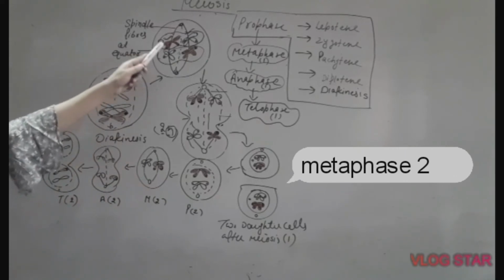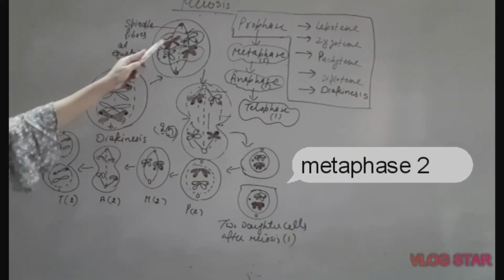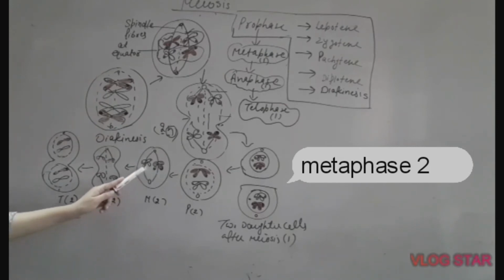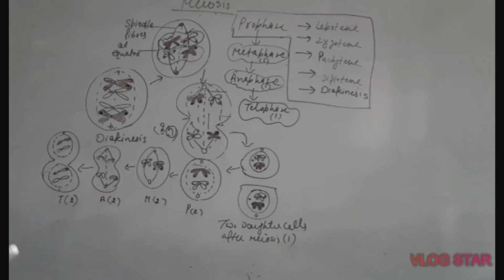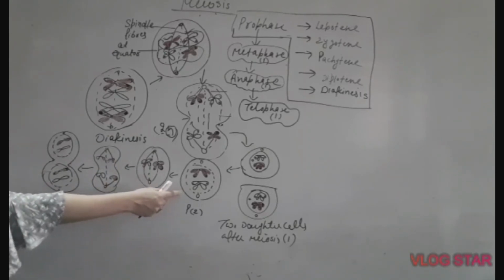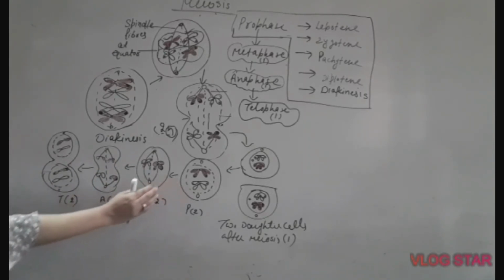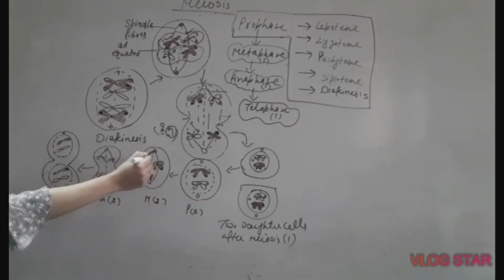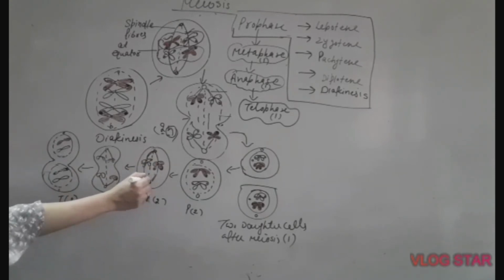The difference is there were 4 chromosomes arranged at the equator, and now there are only 2. Aster rays you can also draw. Aster formation takes place in prophase 2, and the spindle fibers form separate poles by converging with the centrioles at the ends.